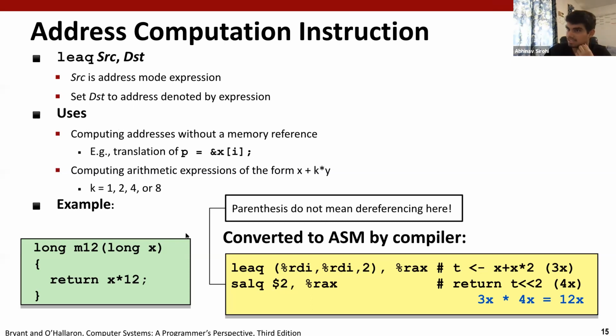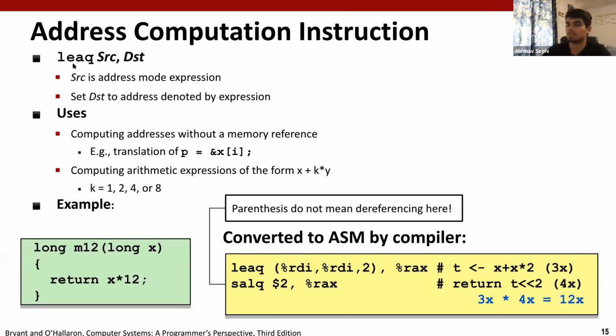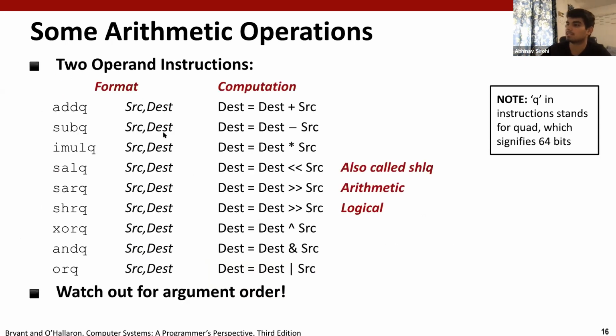And so let's take a look at a little example here. So let's say we have this function. It takes a value x and it just multiplies it by 12, right? And so if we want to do that in assembly, one way to do that is to also, yeah, so this instruction LEA stands for load effective address, which is exactly what we're doing. We're loading the effective address that's represented by the instruction.